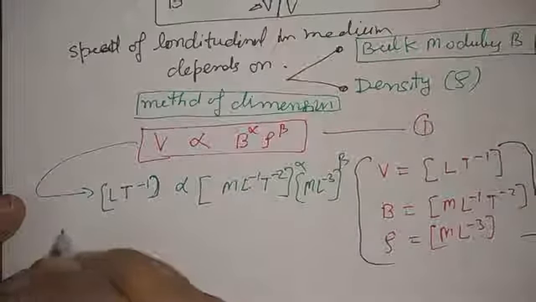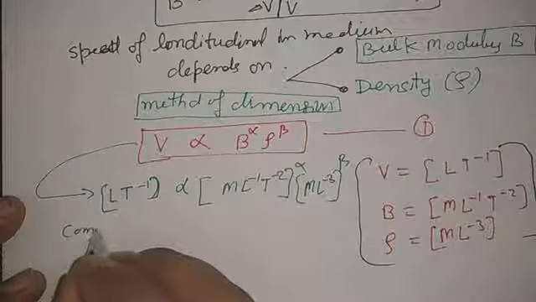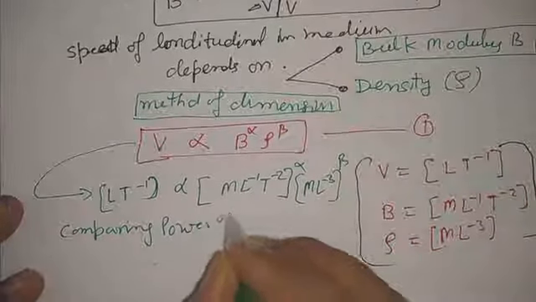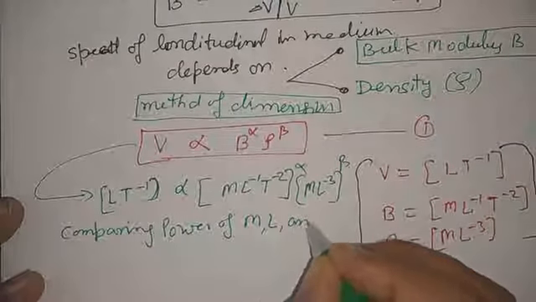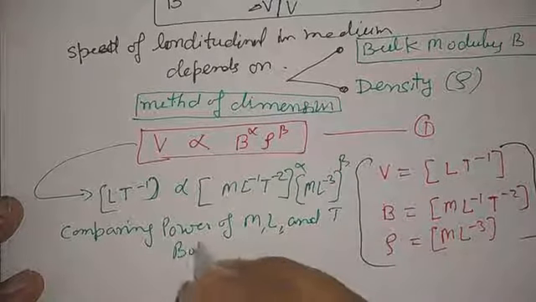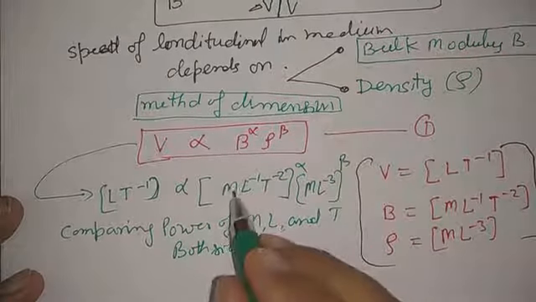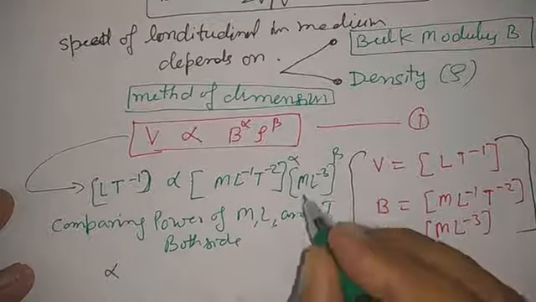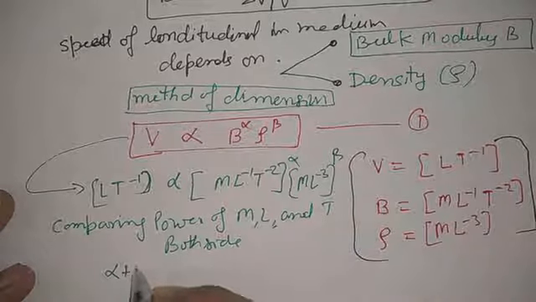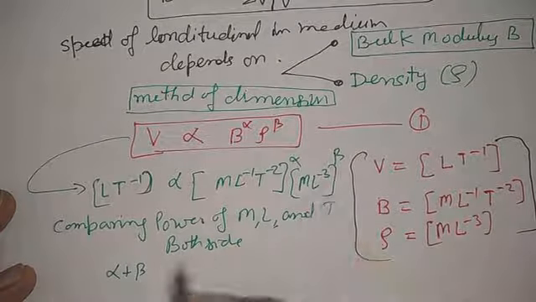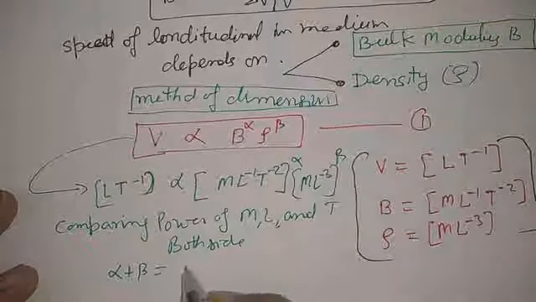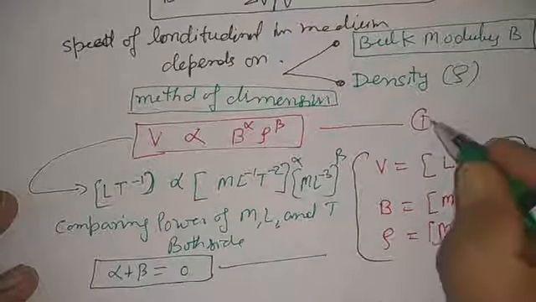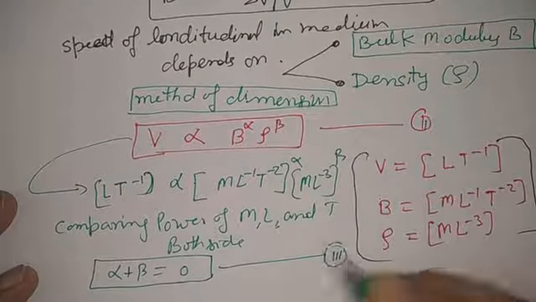Now we compare the powers of M, L and T on both sides. On the right hand side the power of M is alpha plus beta, and on the left there is no M, so it is 0. This is equation number 2 and this is equation number 3.